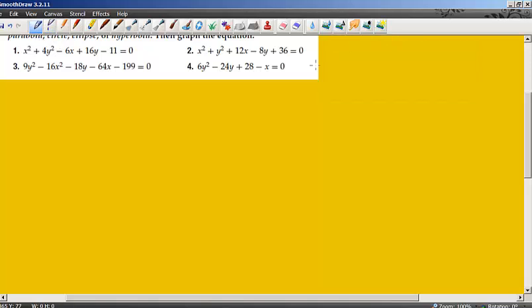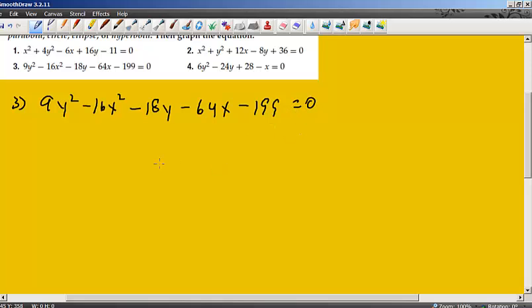Number 3, I have 9y squared minus 16x squared minus 18y minus 64x minus 199 is equal to 0. Okay, first thing I'm going to do is clean it up, collect the like terms, and move the 199 over to the other side.